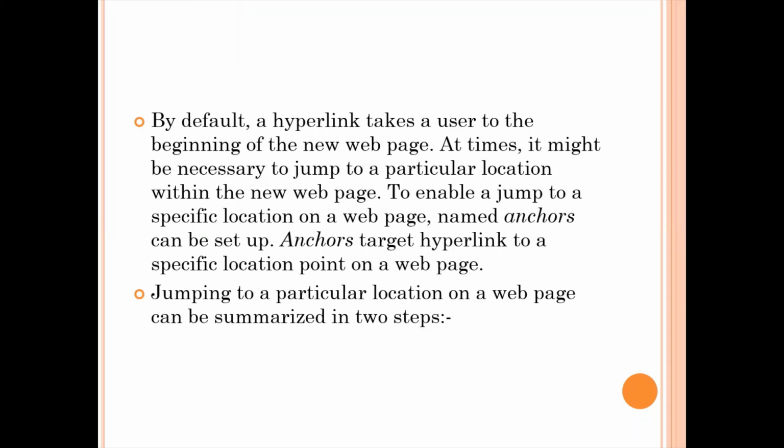By default, a hyperlink takes a user to the beginning of the new web page. As I told you, at times it might be necessary to jump to a particular location within the new web page. To enable a jump to a specific location on a web page, named anchors can be set up. Anchors target hyperlink to a specific location point. To perform this task, we will perform two steps.